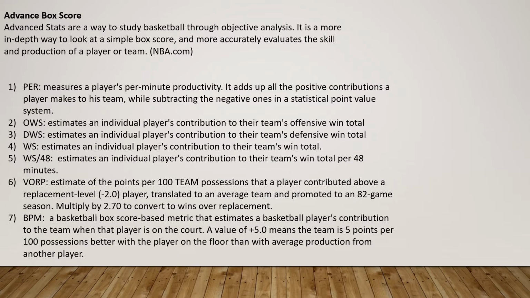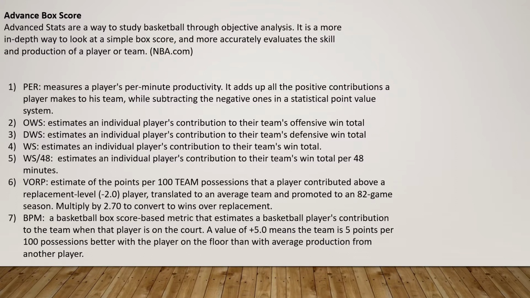Here are the advanced box scores, which are based on the regular box scores. I'll be using 7 out of 29 advanced box scores, which are the most important. The first one is PER, player efficiency rating, which measures the overall performance of a player during the career, made up of offense, defense, rebounds, everything.